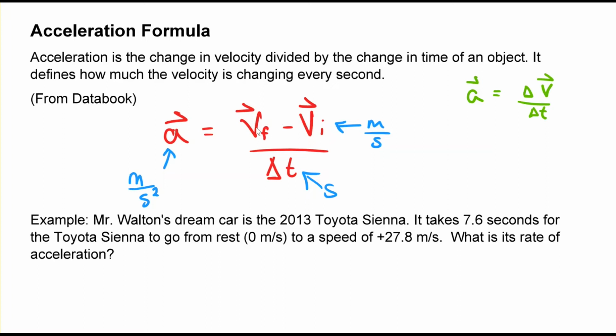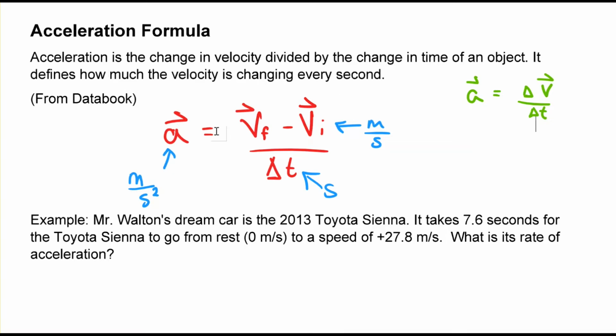And the change in velocity is just the difference between them. We write them as the final velocity minus the initial velocity, and that shows the change in velocity divided by the change in time. So the best way to talk about something is by really doing it. So acceleration defines how much the velocity is changing every single second.